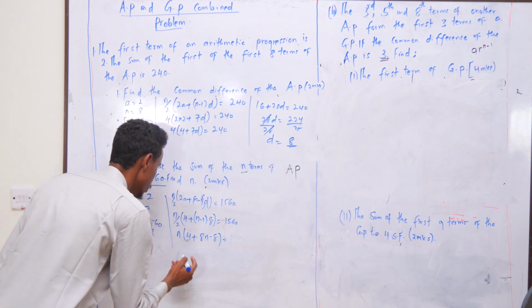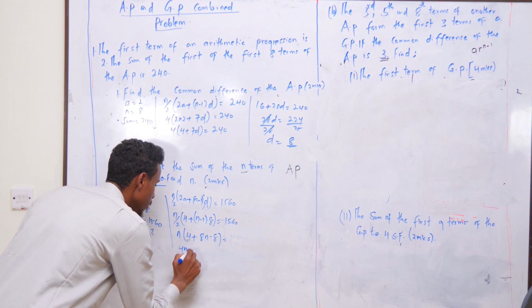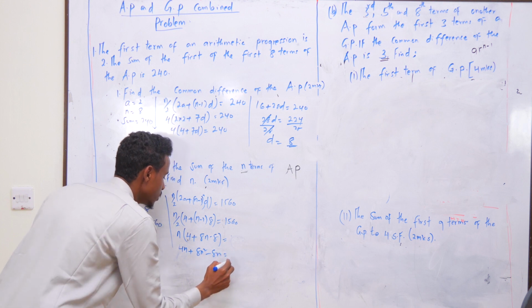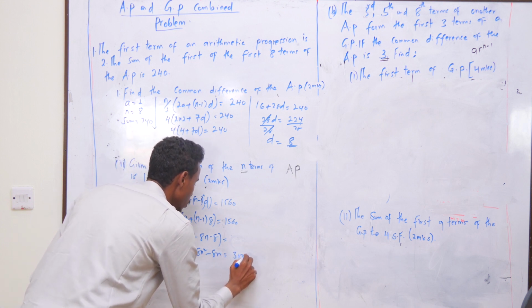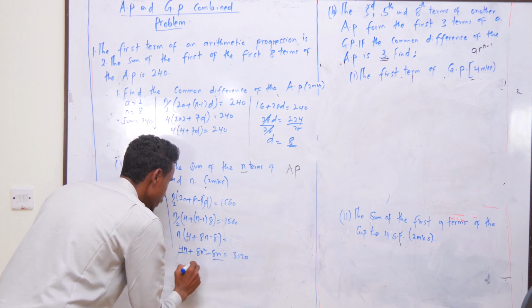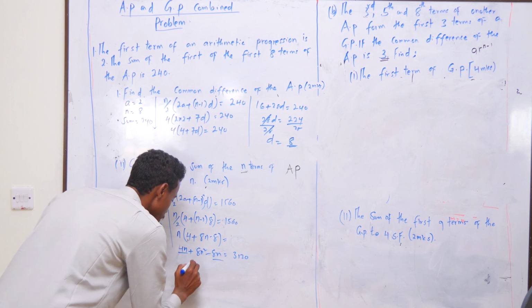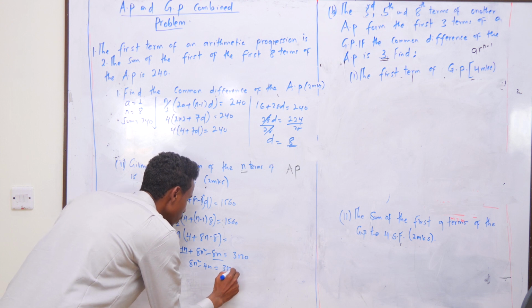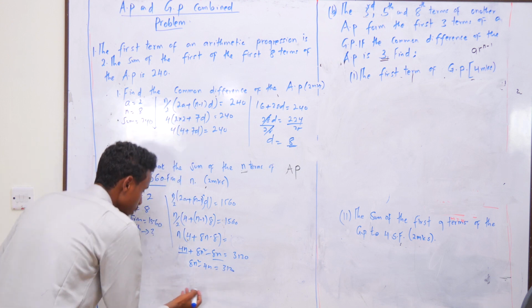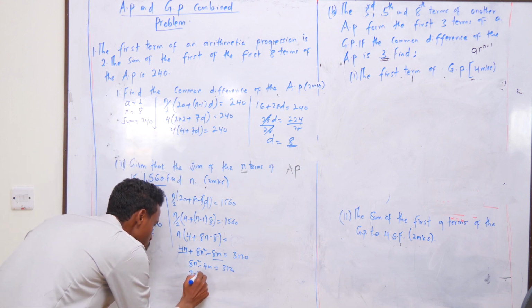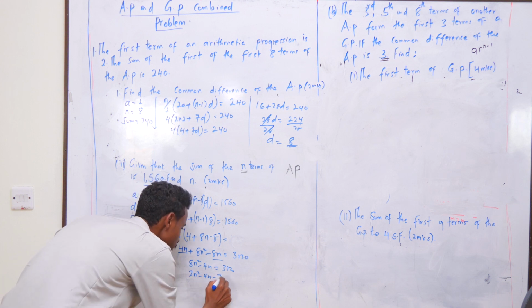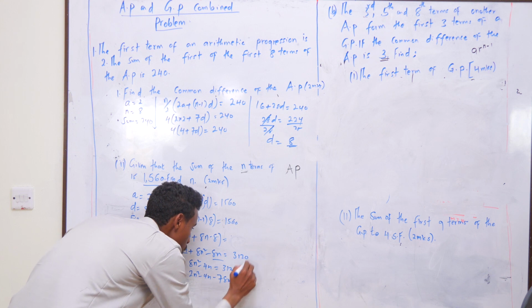Open up this bracket, it will be 4n plus 8n squared minus 8n gives us that total. 4n minus 8n will be minus 4n, that is 8n squared minus 4n is equal to the total. Meaning, divided by 4, 2n squared minus n minus 780 gives us 0.